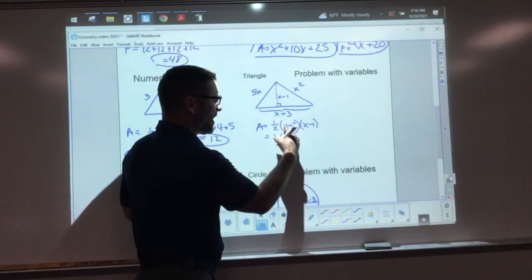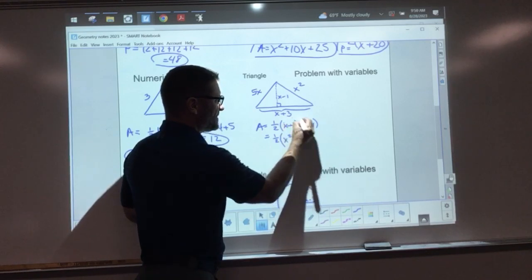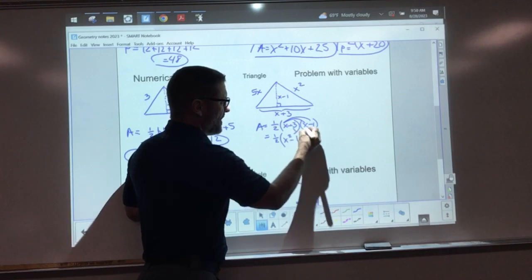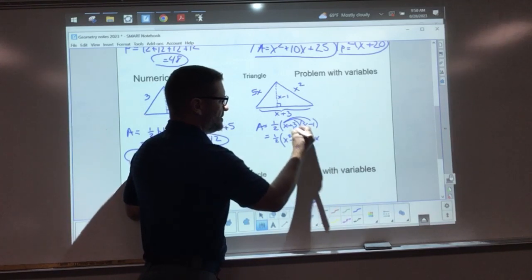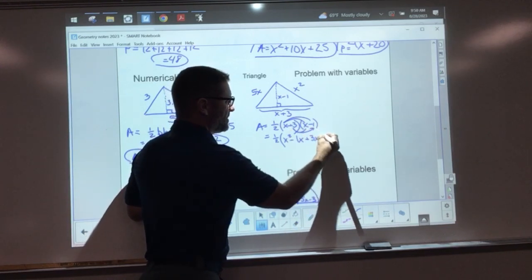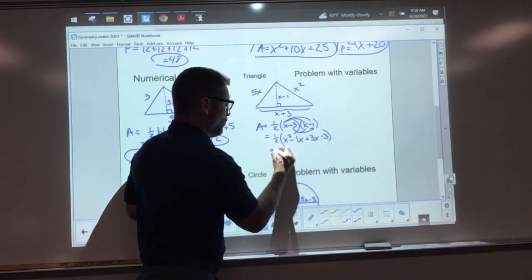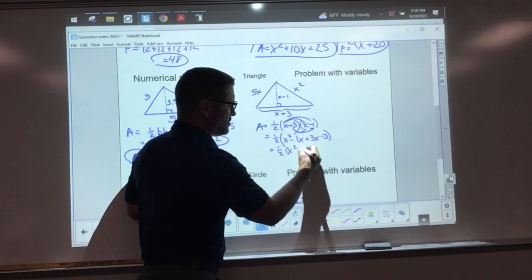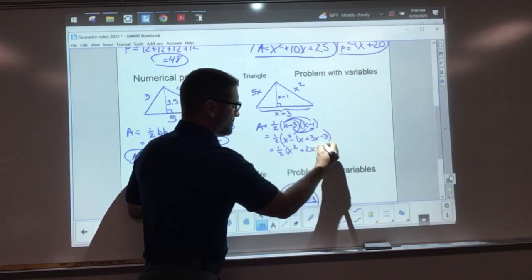So here we go. I got x squared is x times x. That's minus 1x. That's plus 3x. And that's minus 3. So I got 1/2 of x squared. These two right here make 2x minus 3.